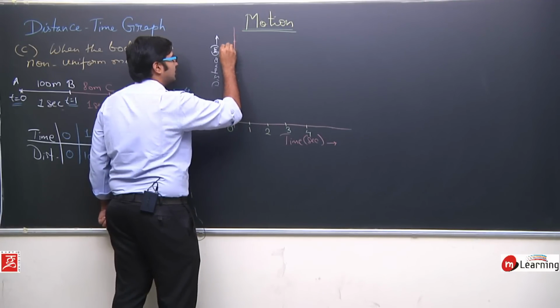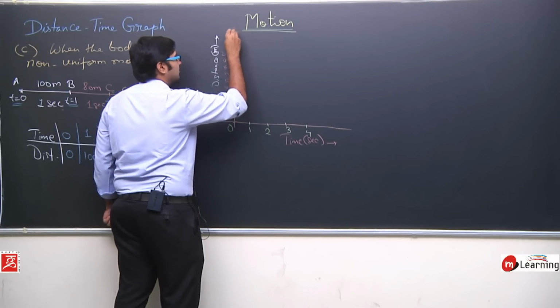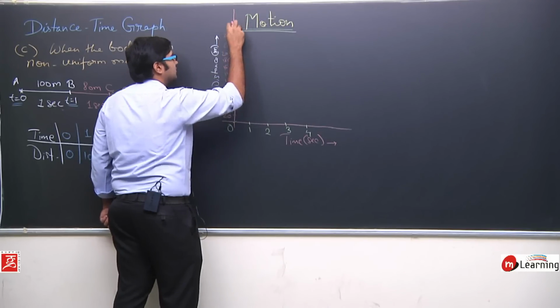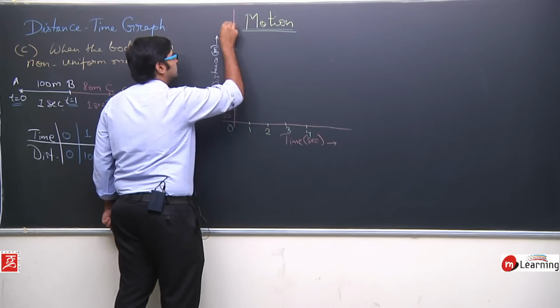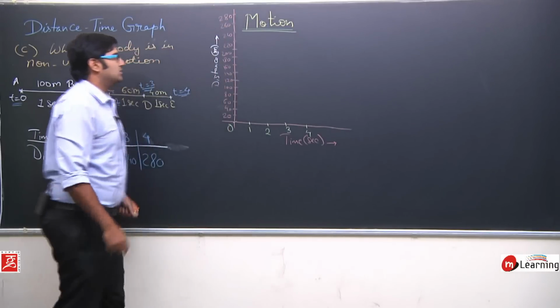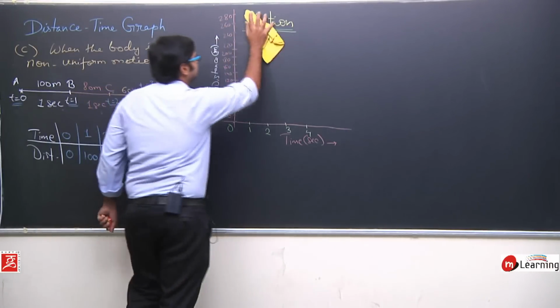This is 220, then using the same, this is 240, and then increasing it further. So this is 260 and 280. So we have marked the points till 280 meters.